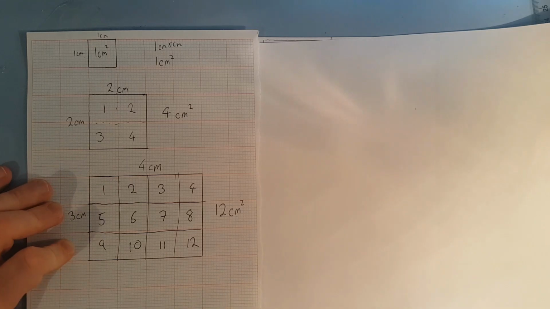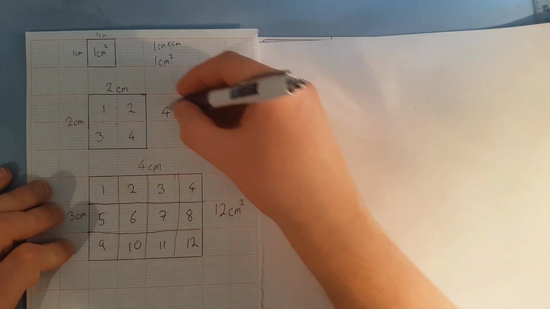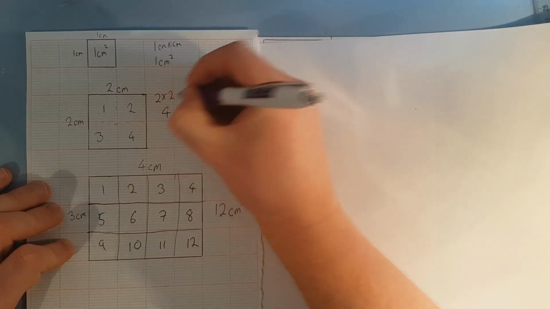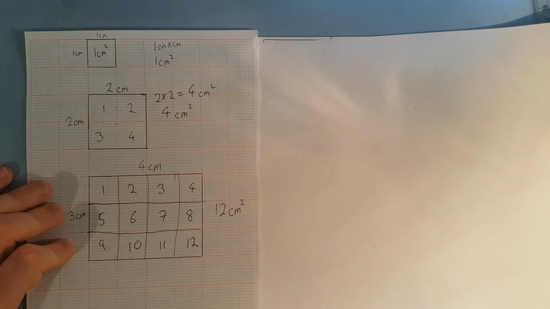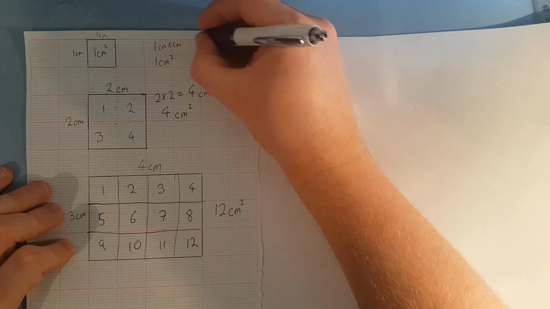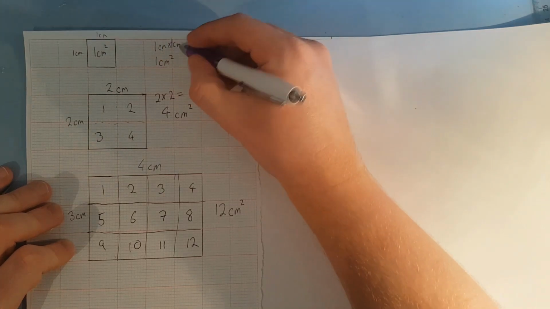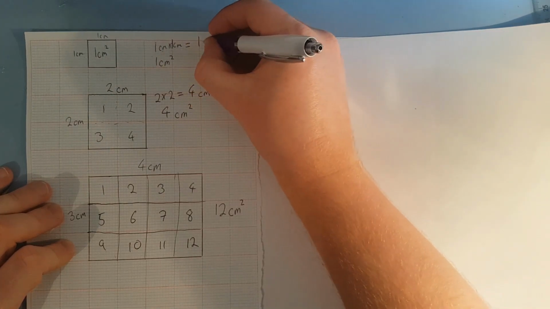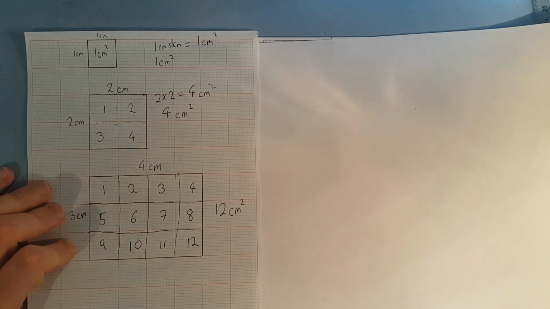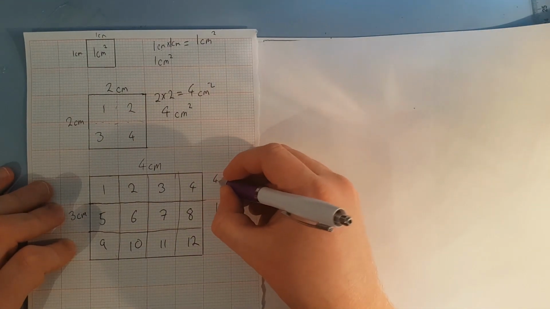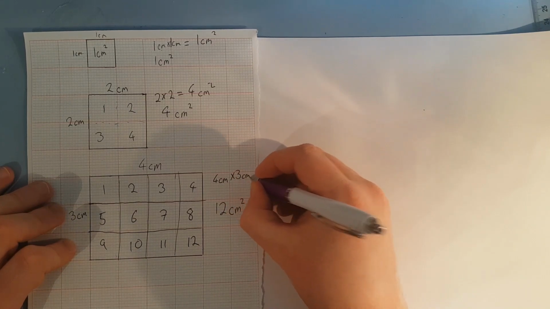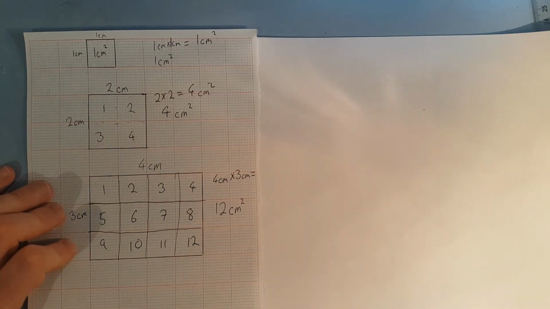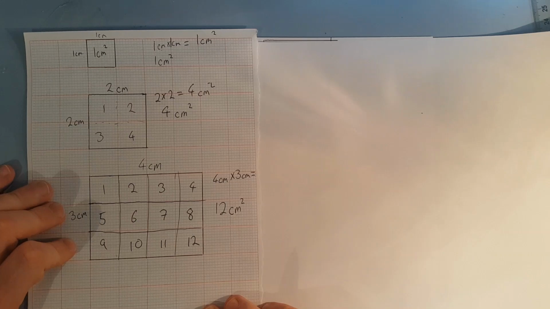So what I'm hoping you guys will notice is, wait a second, 2 multiplied by 2 is 4 centimeters squared. 1 centimeter multiplied by 1 centimeter equals 1 centimeter squared. Similarly, 4 centimeters by 3 centimeters, that's going to equal 12 centimeters squared.